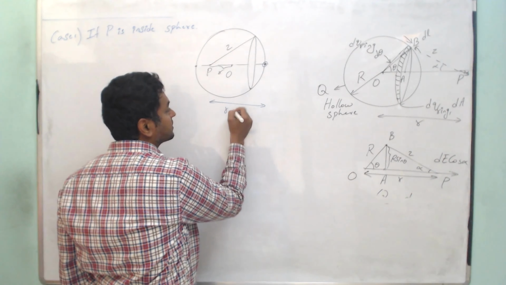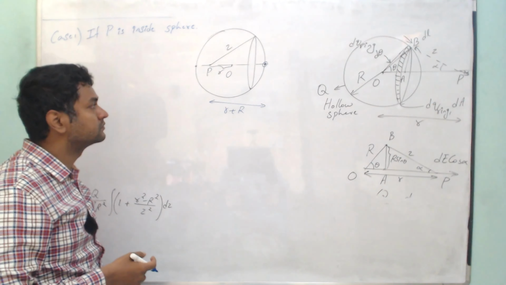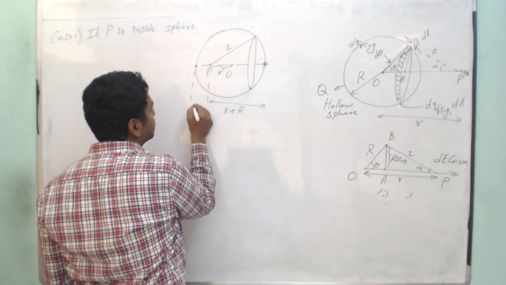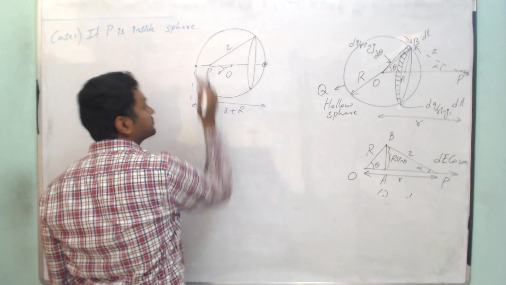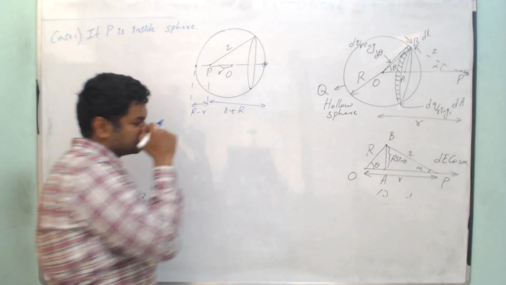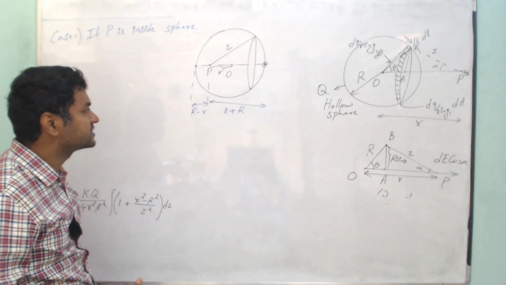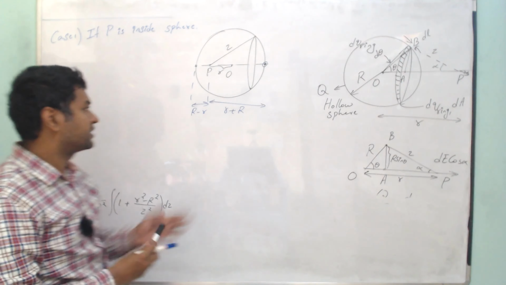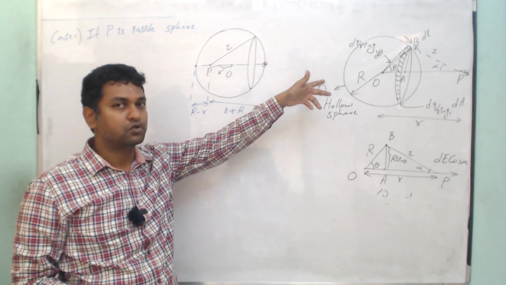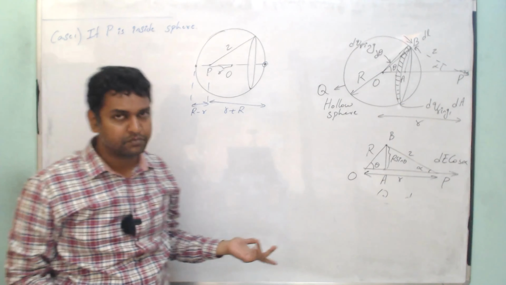Small r plus capital R. And what is the Z value at the leftmost position? Capital R minus small r. So I can take the limits as capital R minus small r to capital R plus small r, or the other way round.